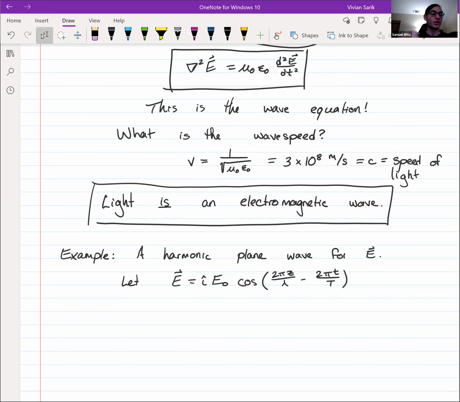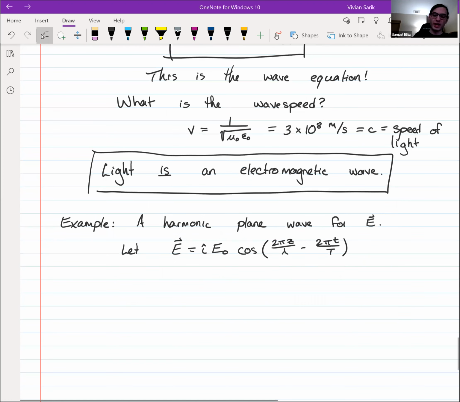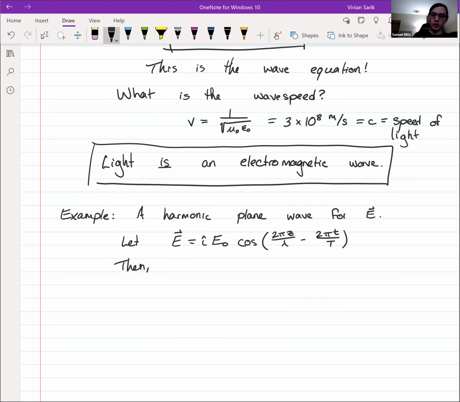So let's figure out what the magnetic field looks like. Then the curl of the electric field, we know how to take curls. We know what this electric field is now, so we can just take the curl. It works out to be the partial derivative of the x component of the electric field with respect to z in the j hat direction.